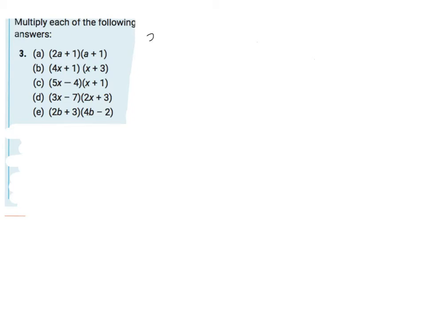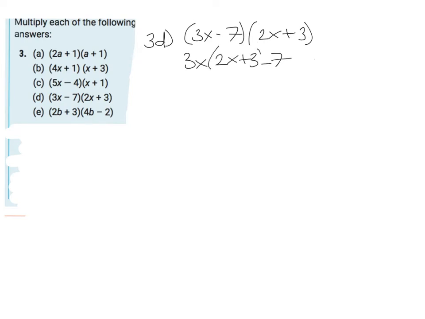3D. 3x minus 7 and 2x plus 3. 3x is split, and we repeat 2x plus 3. We'll take the first one. 3x is multiplied by 2x, and 3x is multiplied by 3.